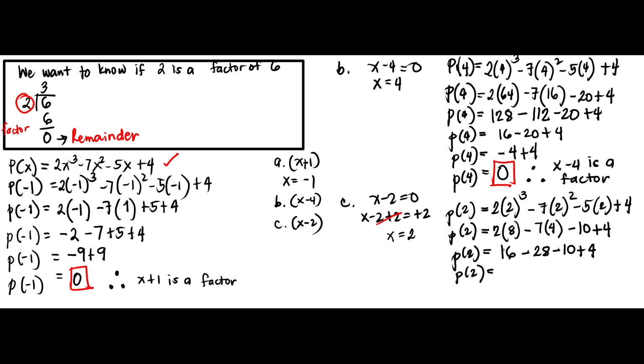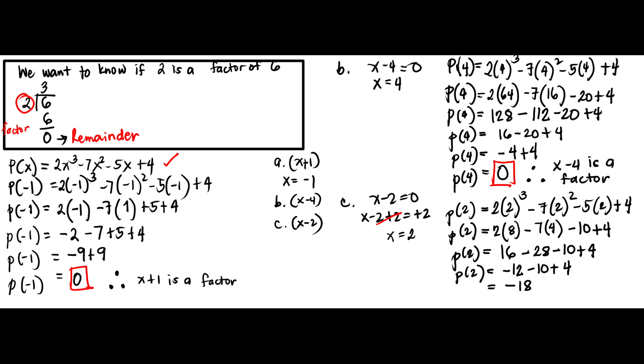So, 16 minus 28, ilan? That's negative 12. Minus 10 plus 4. So, that would be, may utang kang 12, may utang kang 10. So, may utang kang 22 plus 4. So, that's negative 22 plus 4, that's negative 18.